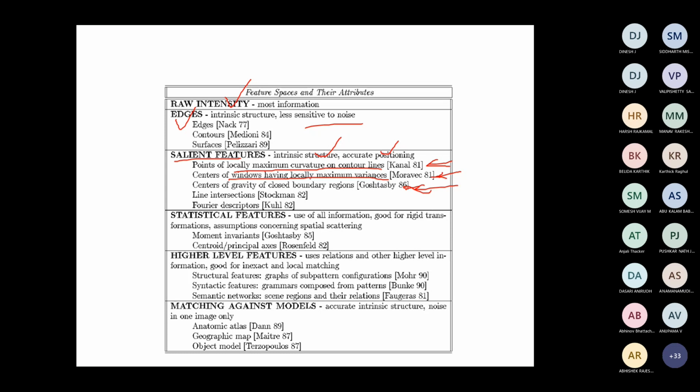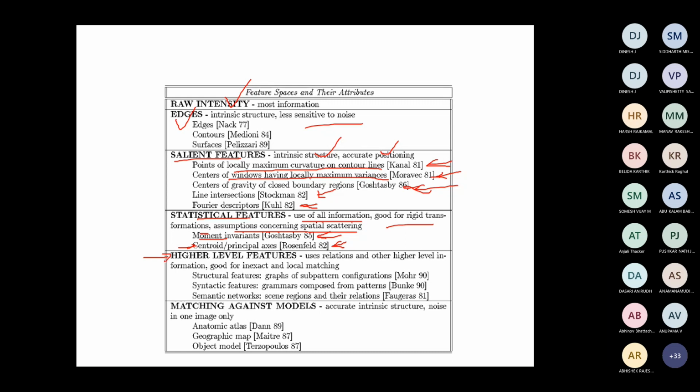Line intersections were given by Stockman. Fourier descriptors can also be considered, which were given by Kuhn. Then statistical features use all the information and are good for rigid transformations, with assumptions concerning the spatial structure. For statistical-feature-based works, in 85 it is moment invariants based, and in 82 it is centroid and principal axis based, done by Rosenfeld.